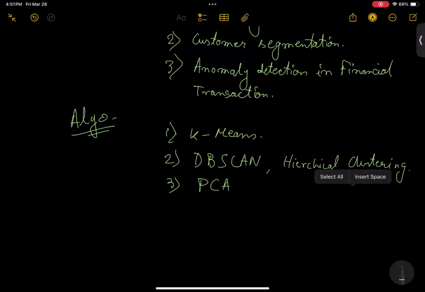It is unlabeled data, so the machine itself tries to understand the behavior of the data and groups it accordingly. Got it.